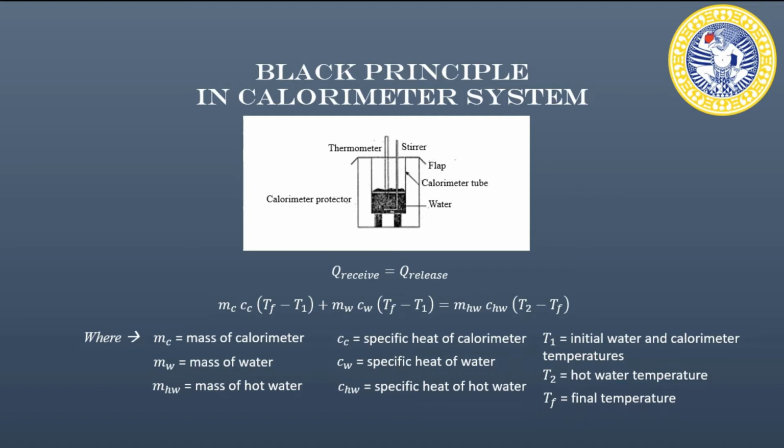And we have to remember again the Black principle, how the heat is released by the system that has a high temperature to the surroundings. The surroundings are also a system that will receive the heat transfer. In this formula, we can see that the Q released by the hot water will be received by the calorimeter itself and also the water.